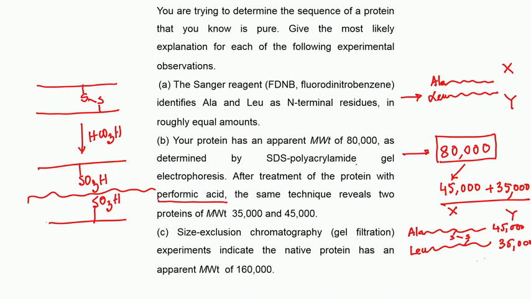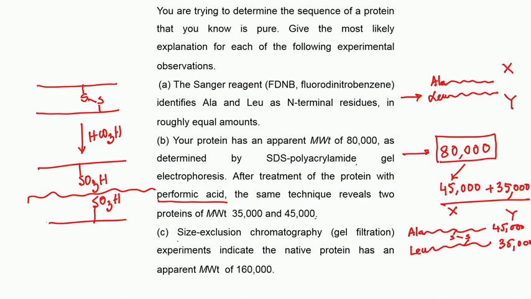But I again repeat, this could be the other way around, this could be 35 and this could be 45, because the information is not given about what the N terminus sequence of the 35,000 or of the 45,000 is. Okay. So, we have to write this or the other.